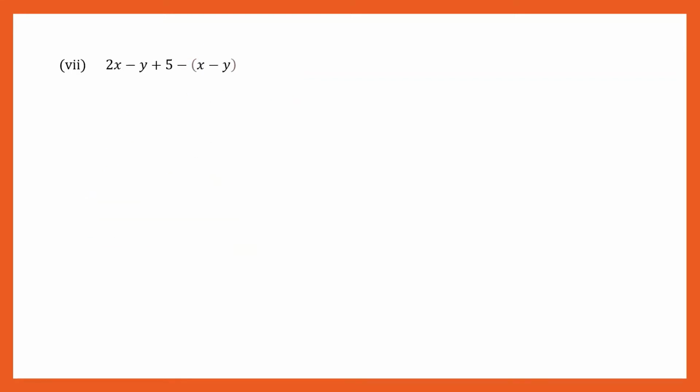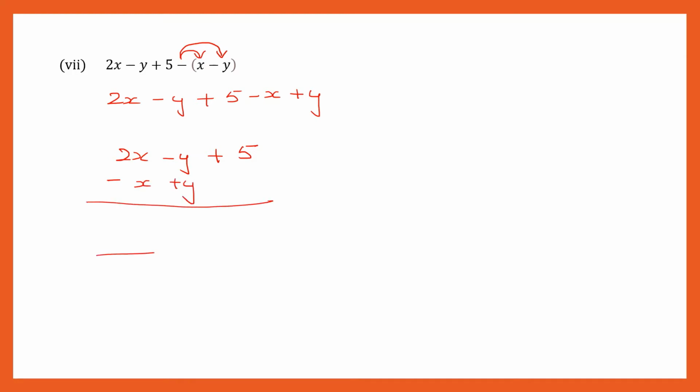Eighth one. 2x minus y plus 5, multiply minus x, minus into minus is plus y. Let's put them together. 2x minus y plus 5 minus x plus y. Okay, let's put the numbers and the signs.